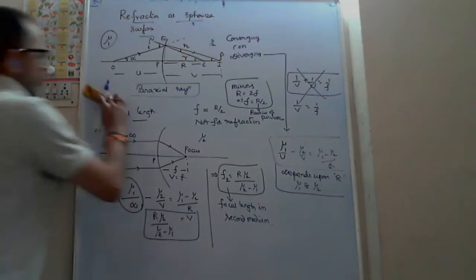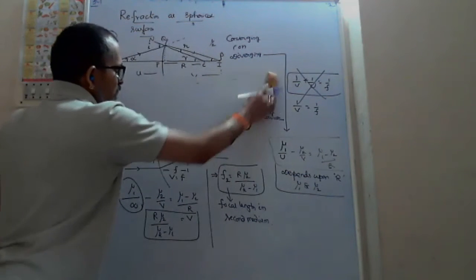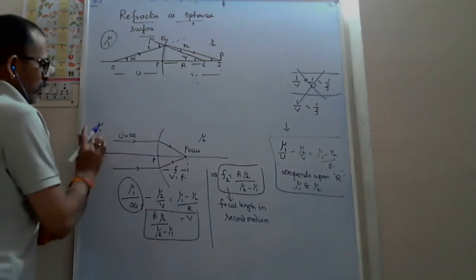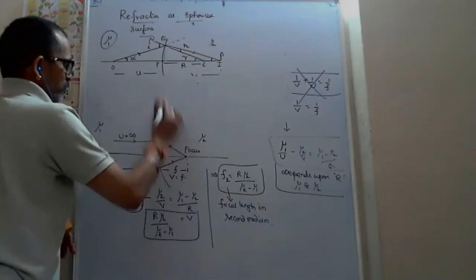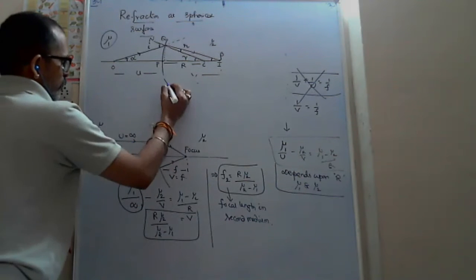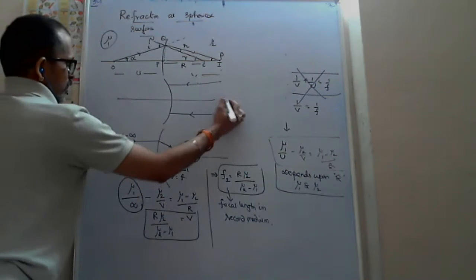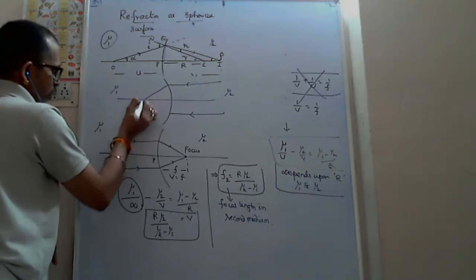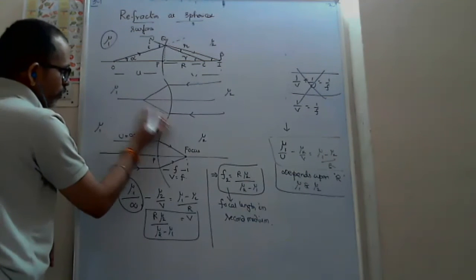And my doubt is, suppose I take the incident rays in the medium mu2 now. Suppose I take the rays like this, incident rays, this is mu2 and this is mu1, and suppose they converge to a point in the medium mu1, not mu2.